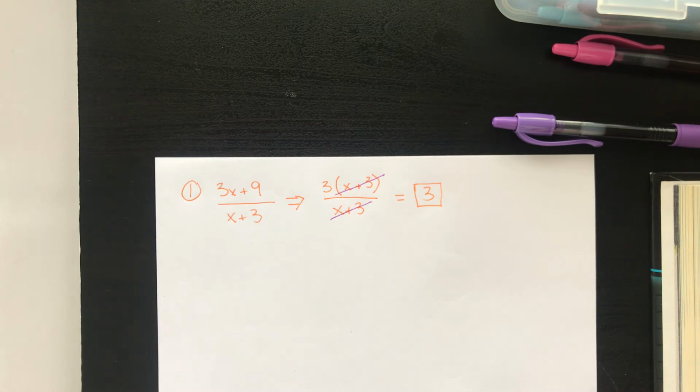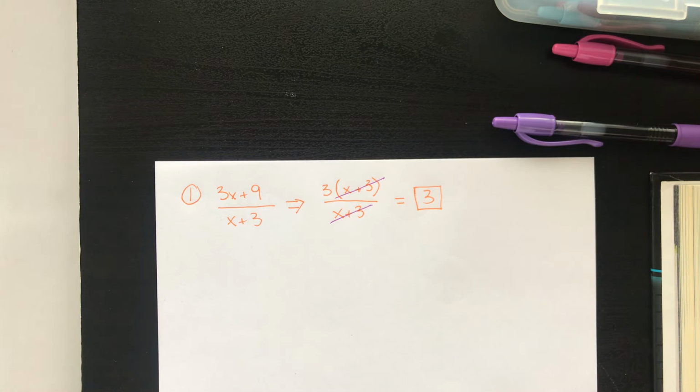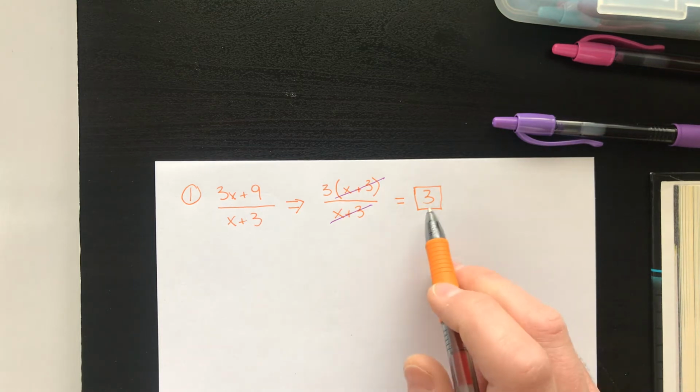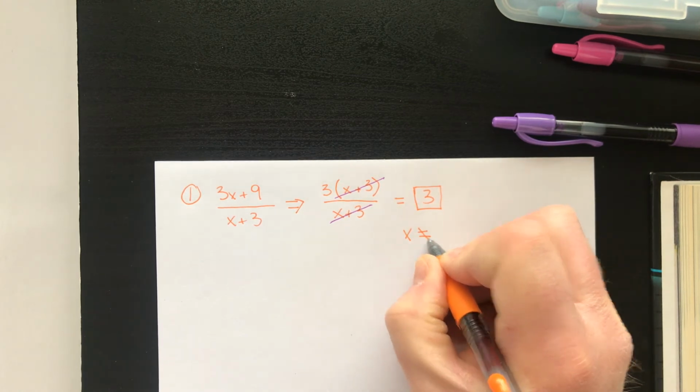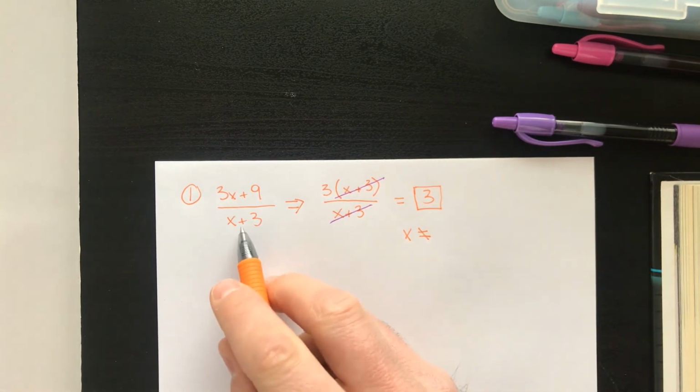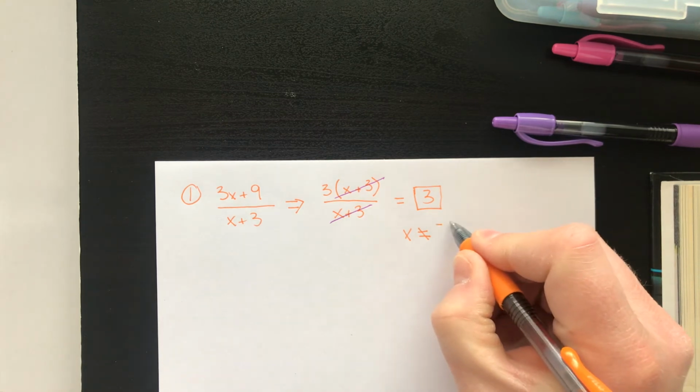A value of the variable for which a rational expression is undefined is called an excluded value. So what we need to say here is that yes, your answer is 3, but x cannot equal negative 3.